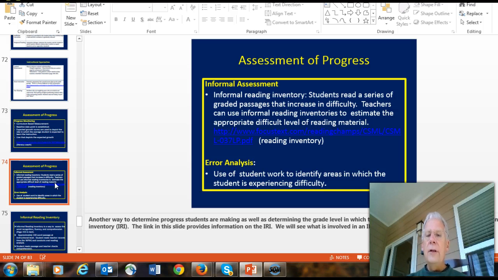And there really are three categories. When the student is reading a second grade passage, let's say that they are, again, third grade, but reading at a second grade level. If they can read that passage with very few mistakes, then we say that the second grade readability would be at their independent level.